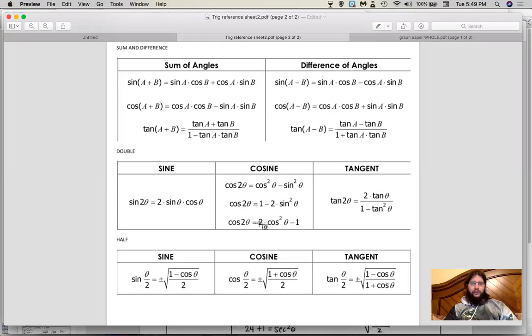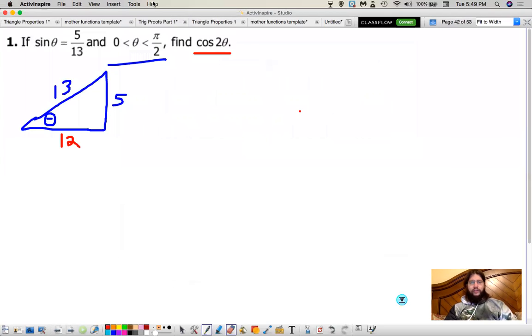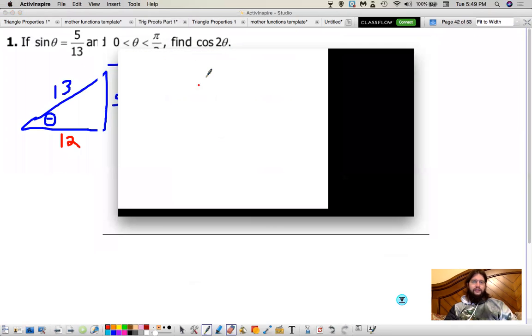In fact, I think that's what we're going to do. But again, there's many ways to do these. You can use any one of these three identities for cosine of 2 theta. Sometimes one will be easier than another. It's a good habit, though, to go ahead and draw your triangle in case you need one of those other trig functions.